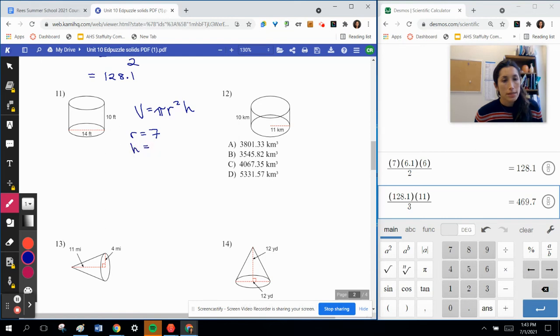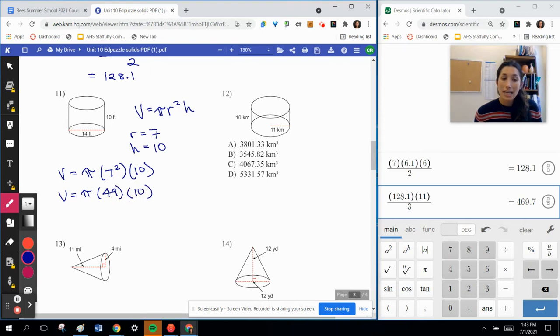Our height is 10, and I'm just going to plug those two values in. So our volume is pi times 7 squared times 10. Now I'm going to show you how to put your answer into two formats. So our volume is going to be pi times 49 times 10.